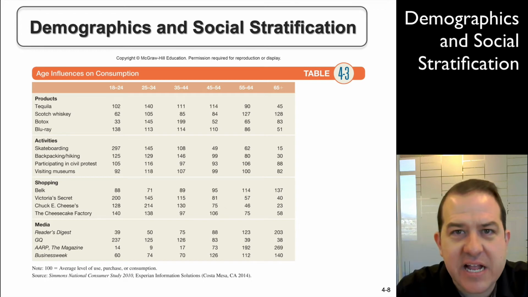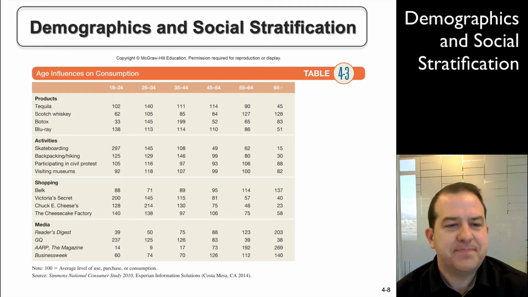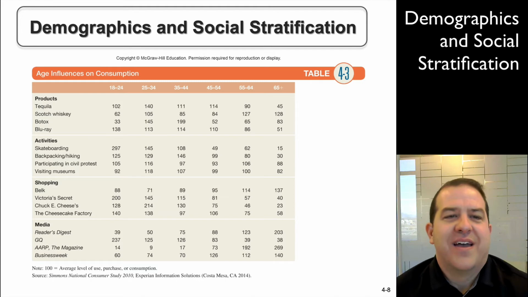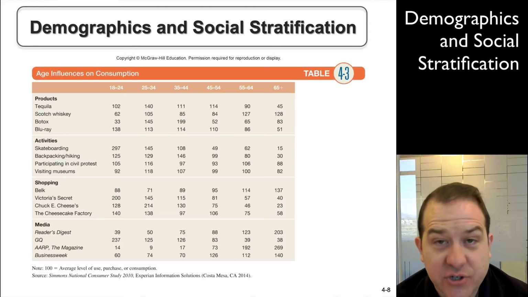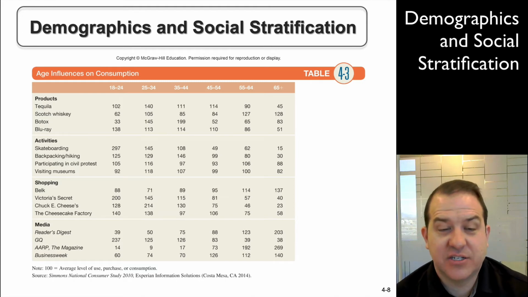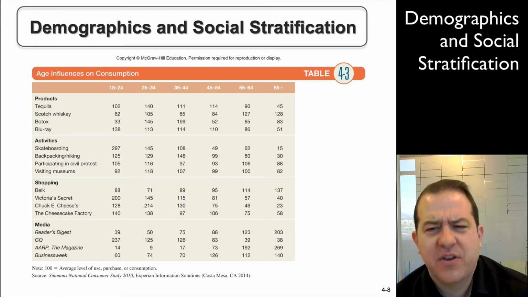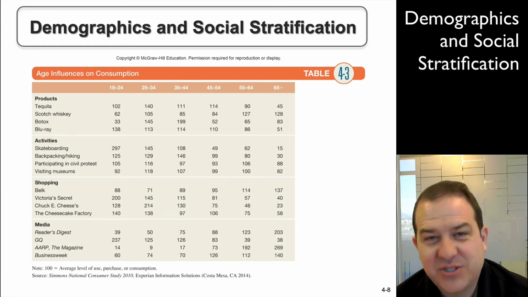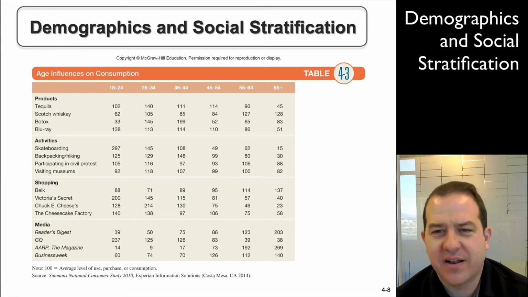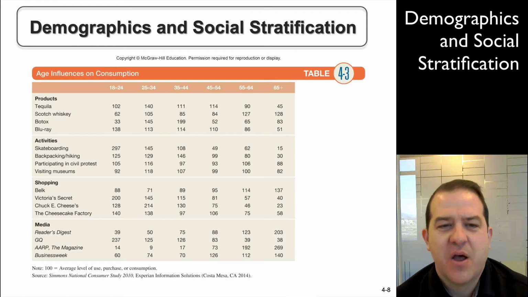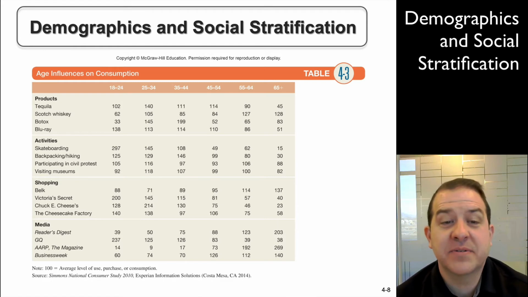So let's just talk about age for one moment on consumption. Once again, 100 is the average. I just want us to keep that in mind as we look at this. So skateboarding, which I love: 65 plus, you're way less likely to be skateboarding, only 15 out of the 100 to equal the average. Whereas if you're 18 to 24, it's almost a 300.